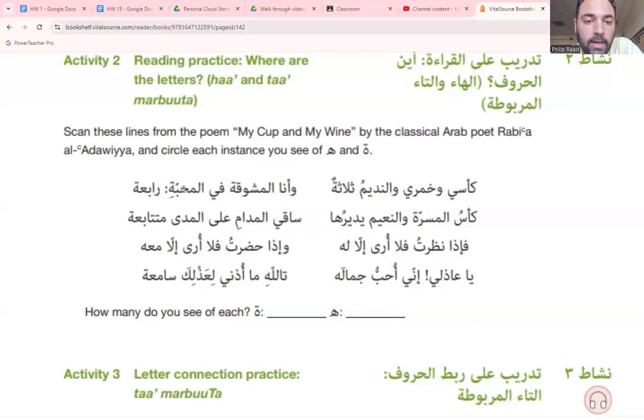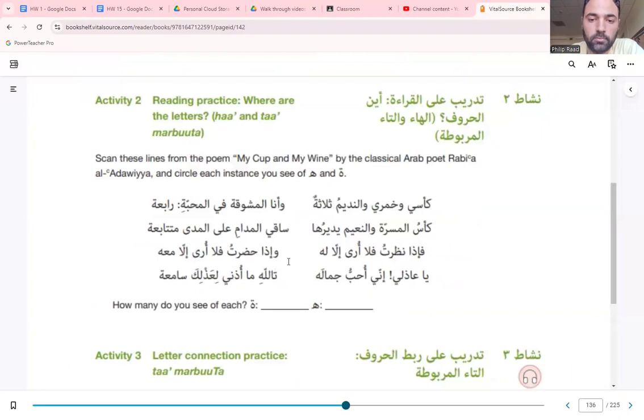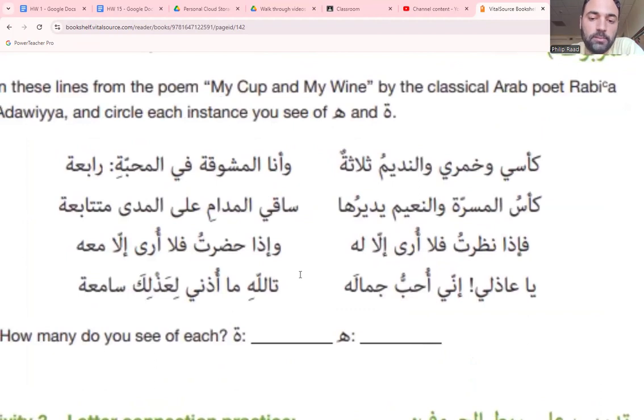You can see a ha here, and you can see a ha here. Here is the final position ha, right here. Tamam. So go ahead and go through this poetry and see how many times you see ta marbuta and how many times you see ha.